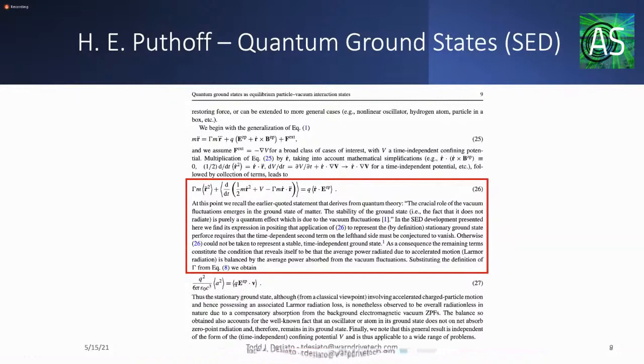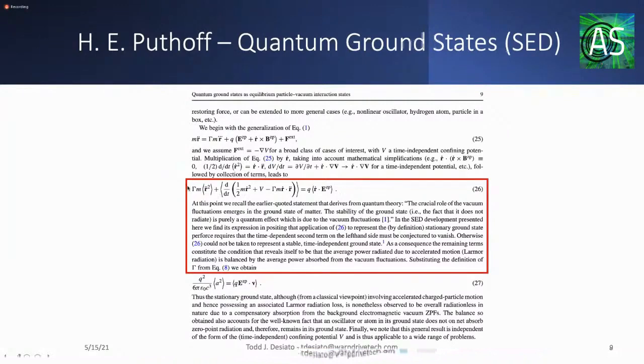So he goes on to create a generalized approach. And in the generalized approach, he starts with this balanced force equation. With external force, the Lorentz force, the radiation reaction is equal to the main force, the mass times acceleration.